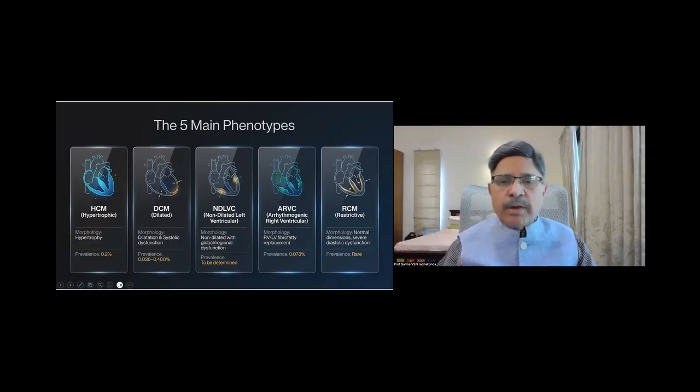Here, right ventricle and left ventricle fibrofatty replacement can occur and a lot of arrhythmias are possible. The prevalence is also quite high. RCM, restrictive cardiomyopathy. Morphology: normal dimensions, severe diastolic dysfunction. It is characterized by diastolic dysfunction and is quite rare. This must be functionally and structurally differentiated from constrictive pericarditis.